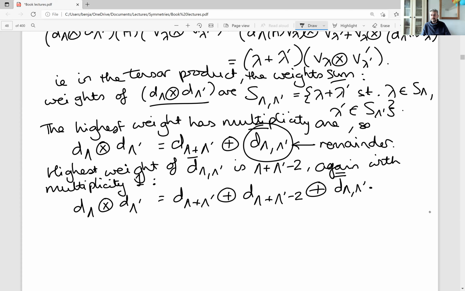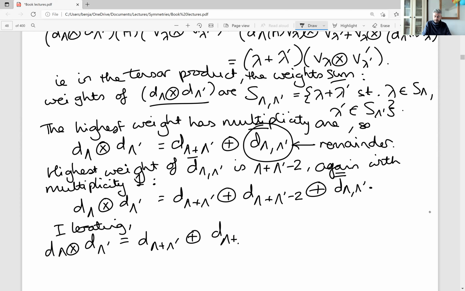And what we do is we iterate this process to get the final expression for our tensor product of representations: d lambda plus lambda prime, plus d lambda plus lambda prime minus 2, plus a bunch of terms, plus d modulus lambda minus lambda prime.